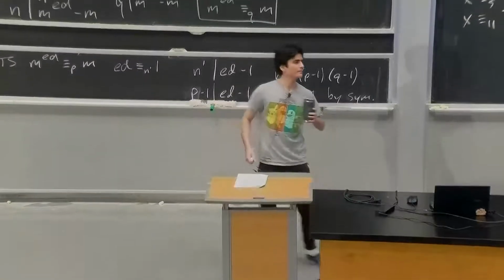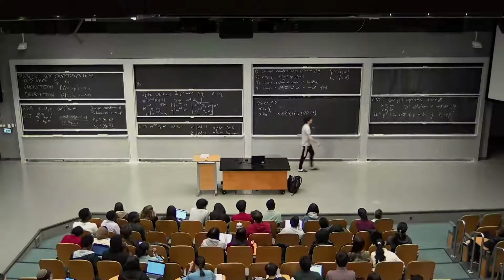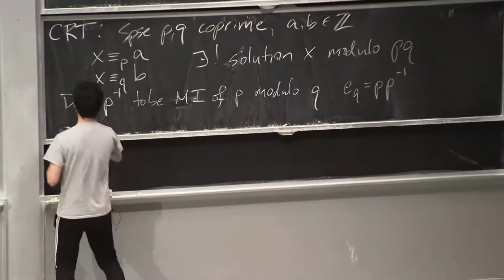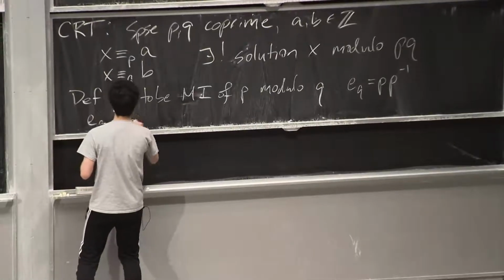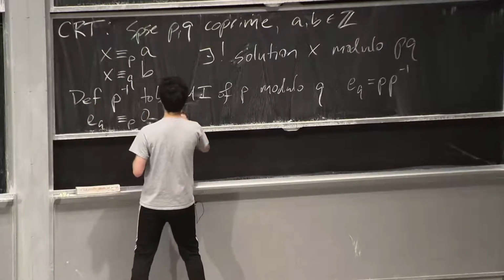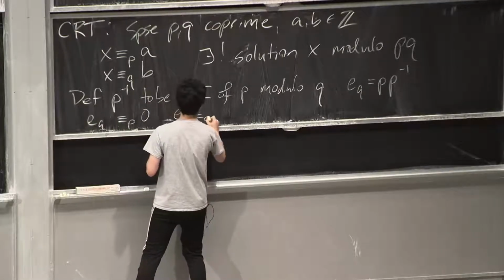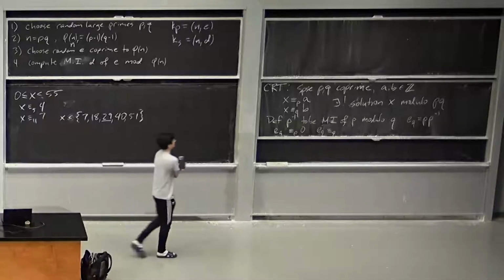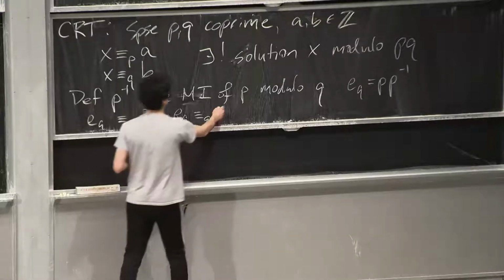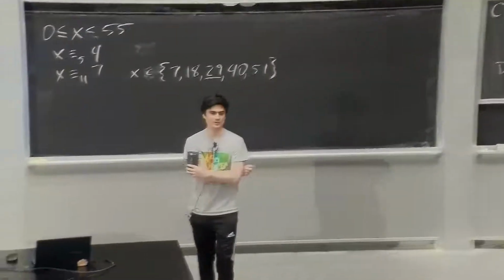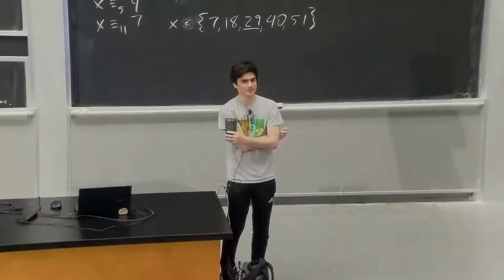Wouldn't it be 0 because it's a multiple of p? Yeah, so we defined it to be a multiple of p. So e sub q is congruent mod p to 0. What about modulo q? Yeah, 1. By definition, p inverse is a multiplicative inverse of p modulo q, so when you multiply them, you get 1 mod q.